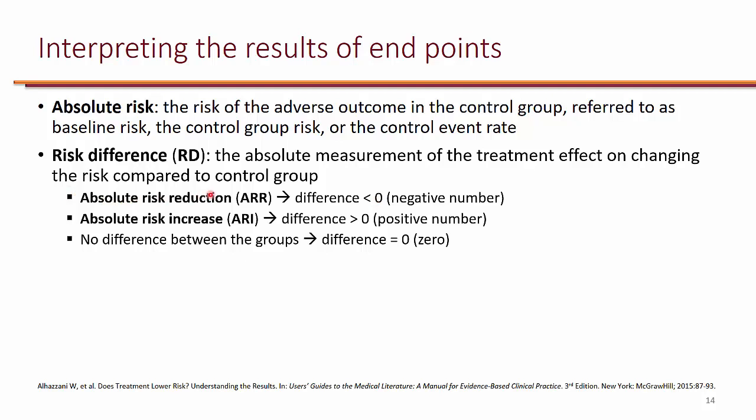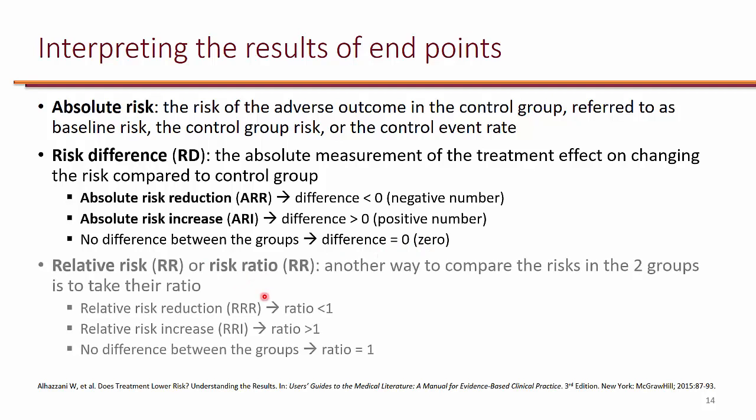So we call this an absolute risk reduction. Whereas if the difference is a positive number, that means you actually increased the risk. So this is an absolute risk increase. And if the difference is 0, that means there's really no difference between the two groups. You basically subtracted the same number, and that's how you would get 0.